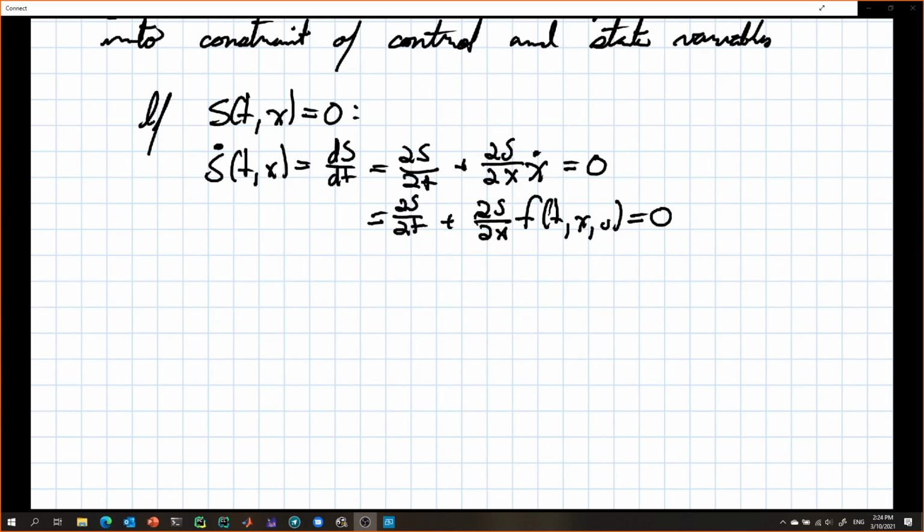And then if this derivative contains u explicitly, then we stop. But if it doesn't, then we continue.